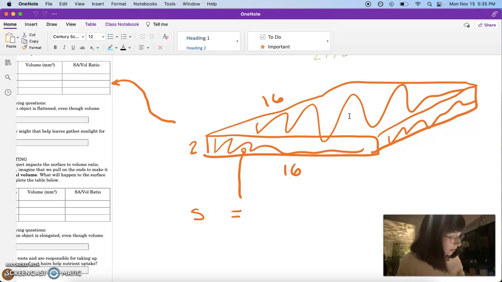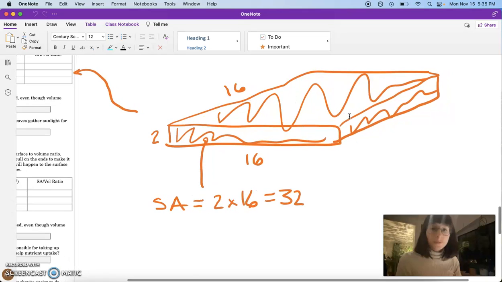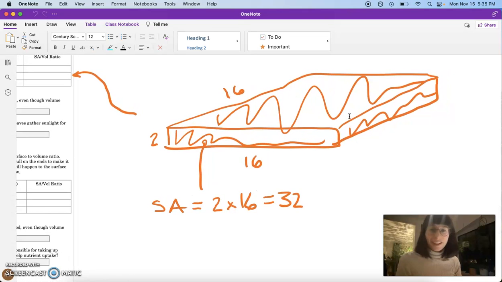Surface area is 2 times 16. That equals 32. Get out a calculator anytime you're not sure. Mental math is hard. I'm going to have to take it out in a minute because I don't know what 16 times 16 is. So there's 32, and that's for this side.